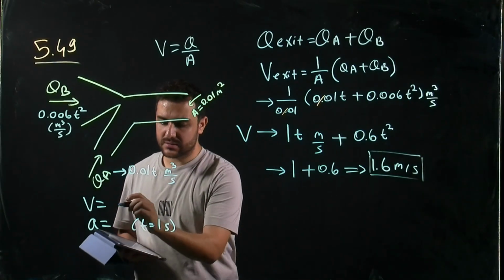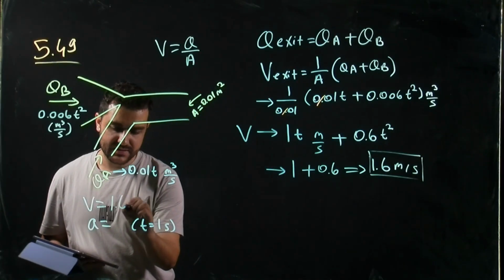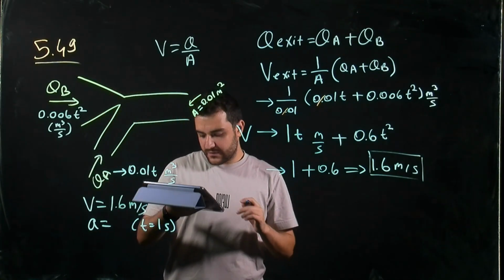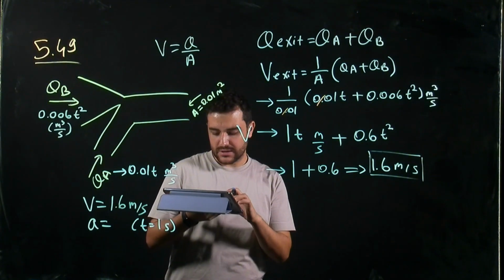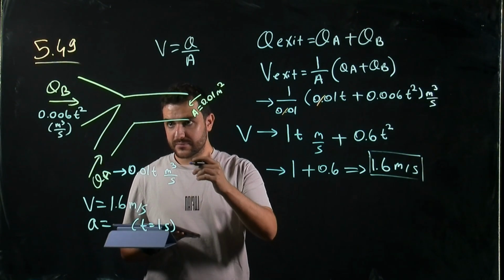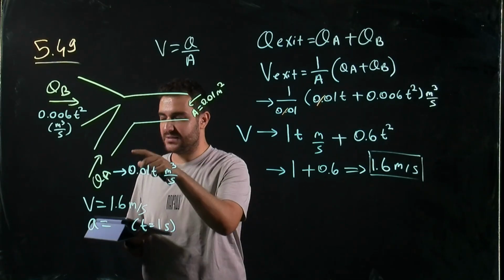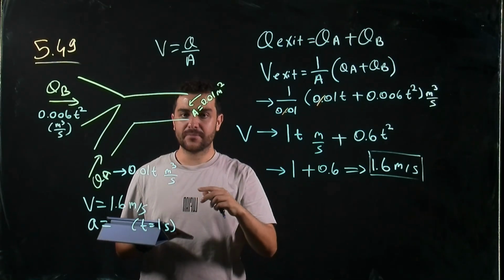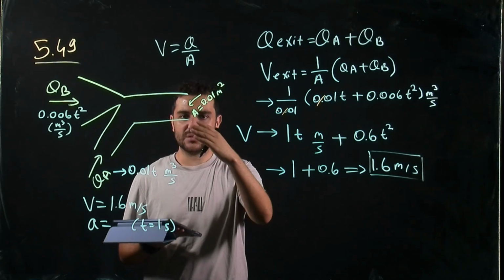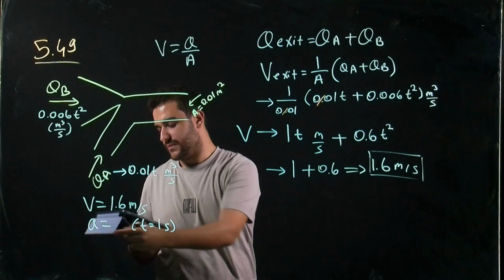So we need to find the acceleration now. The flow is incompressible, so the unsteady term is 0. Since this is incompressible, we cannot compress it, and there will be a change in velocity, so that we will have acceleration.